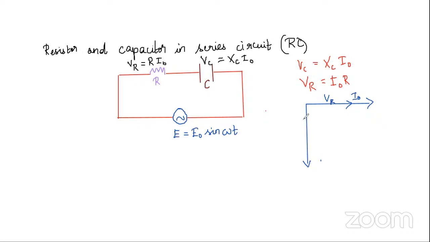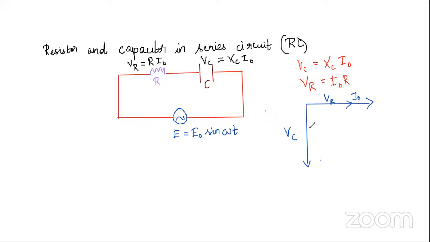But your VC actually lags behind I naught by 90 degrees. So VC is shown along the negative y axis. Since it is lagging behind the current by 90 degrees, we are showing it here. Now, what is the resultant of both these?